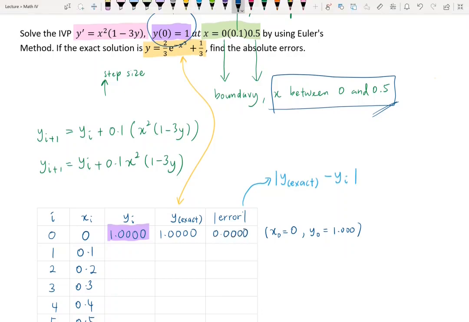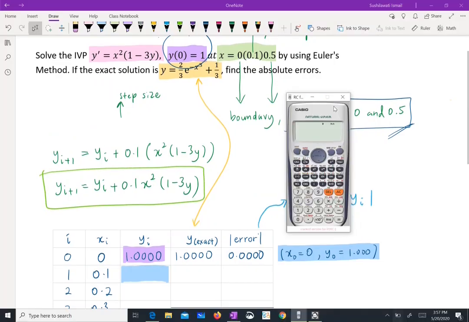Then we proceed to the second row to calculate y1. To calculate the value here, we will use the data above and substitute into this equation. So now insert the equation into the calculator: Y equals y plus 0.1 x squared (1 minus 3y).